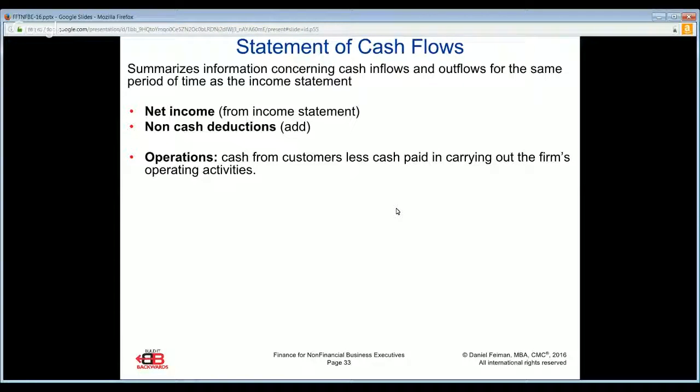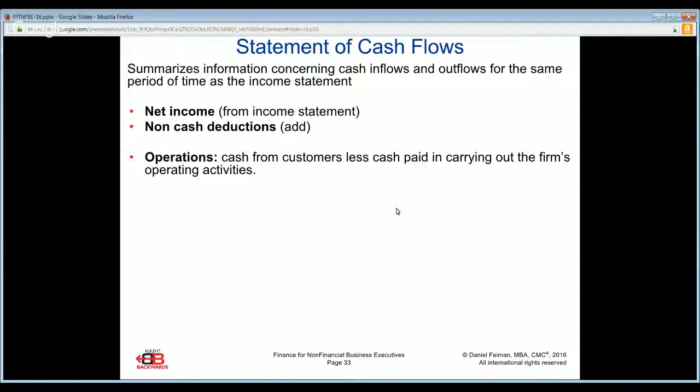So this will be collecting receivables, paying payables, increasing or decreasing inventory, etc. What are the elements that either create cash, that's an inflow, that's a source of cash, or use up cash, that's an outflow. So we look at all those detailed activities and we'll net out a number for operations.